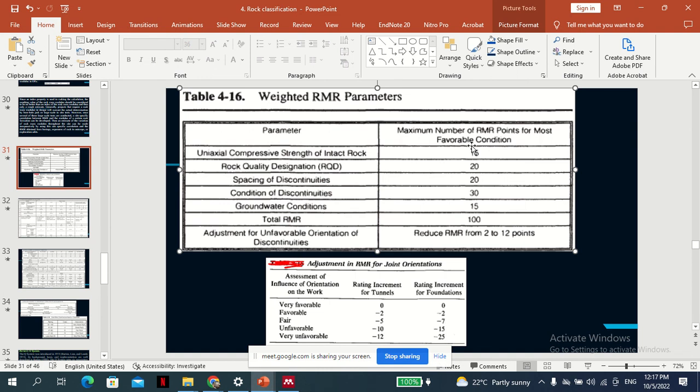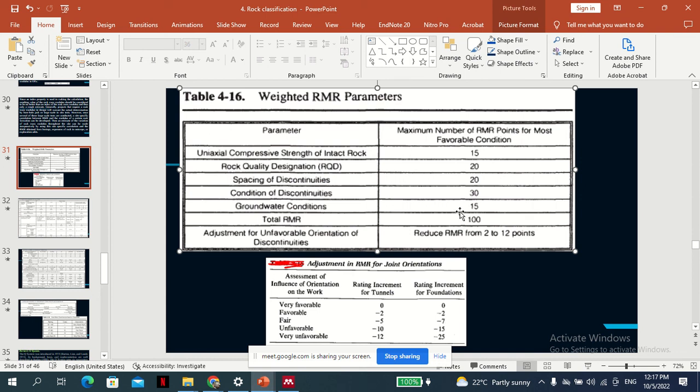For lower strengths you give 12, 10, 8, 7 and so on. Now for RQD, a maximum of 20, depending on whether the RQD is 90 to 100, 75 to 90 and so on.